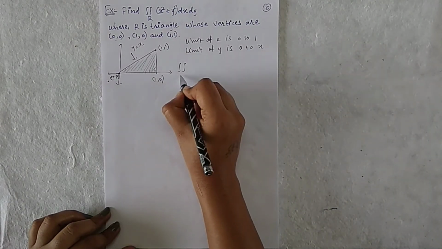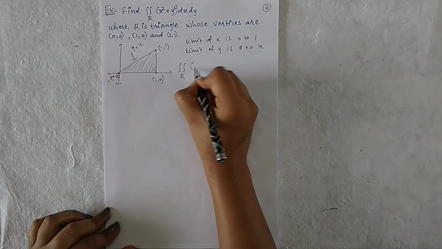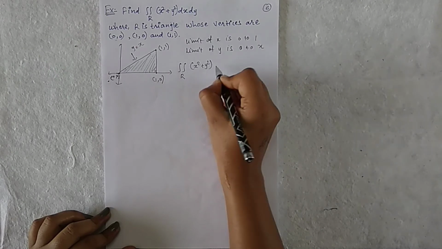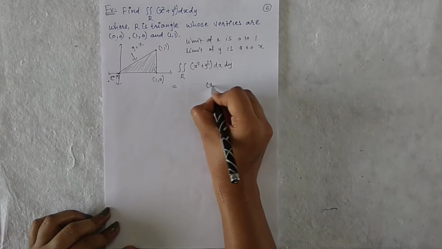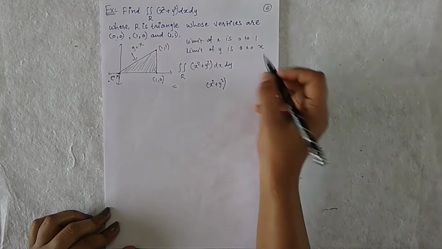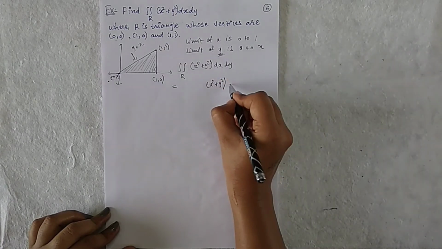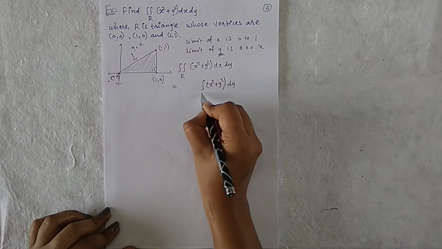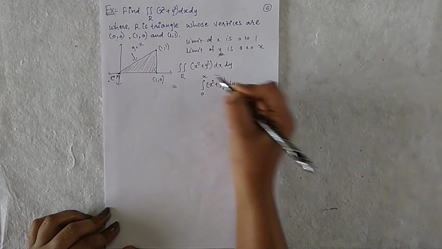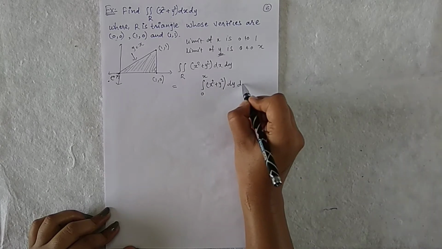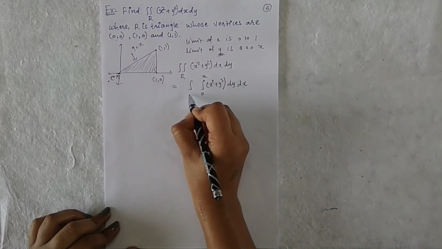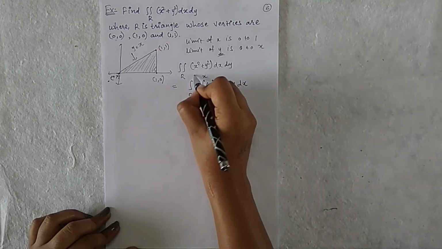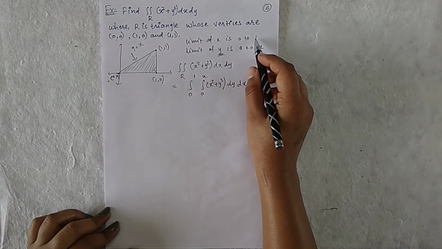So the double integration over R of x square plus y square dx dy is equal to the integral of x square plus y square. First we put the limit of y, so dy integration from 0 to x, and then we integrate with respect to y. Next we put the limit 0 to 1. This is the limit of x.